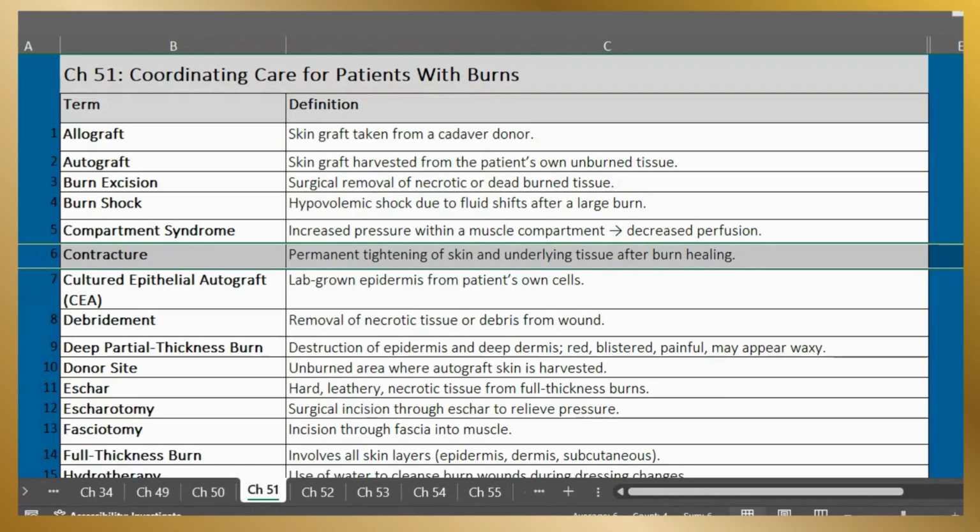Contracture, it's a permanent thinning of skin and underlying tissue after burn healing, which limits joint mobility. Prevent by splints, range of motion, and physical therapy.